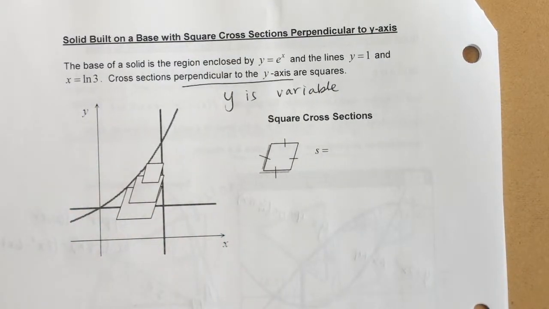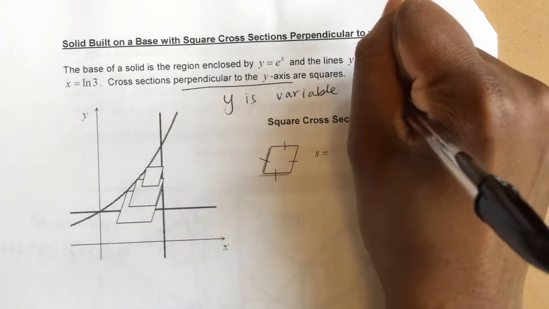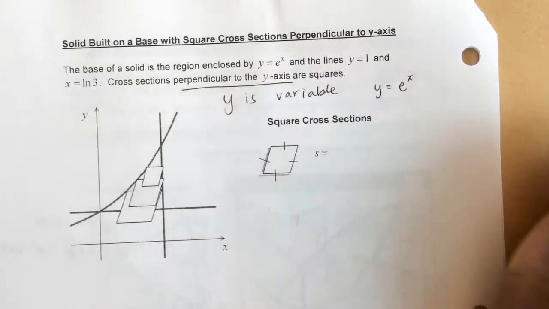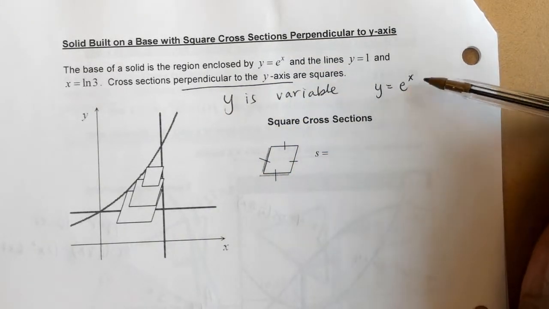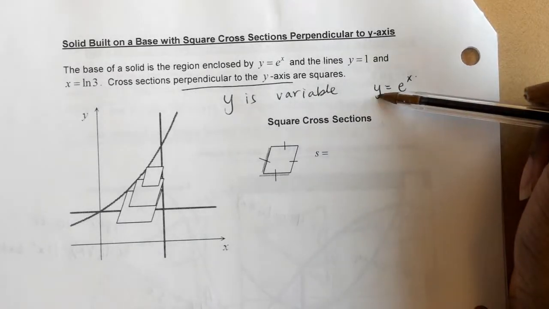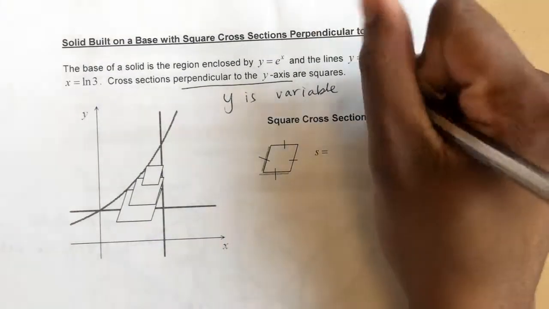Okay, so because y is the variable and our equation is in terms of x, right? We have y equals e to the x. So in this statement, x is our variable, right? We plug in something for x, we get y. We want y to be the variable, so we actually have to solve for y here.